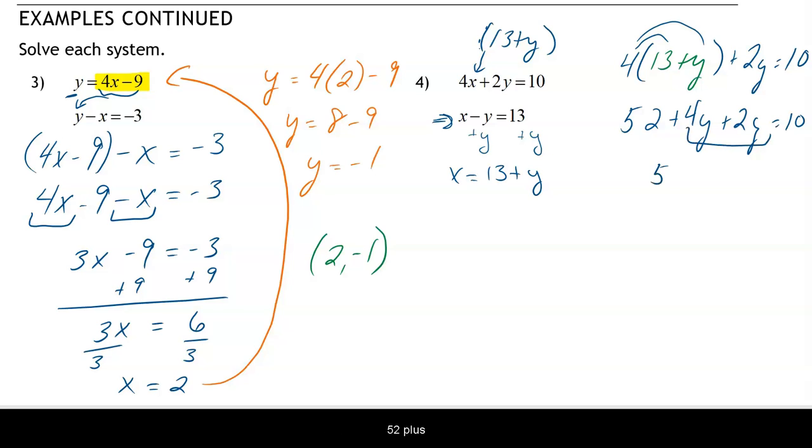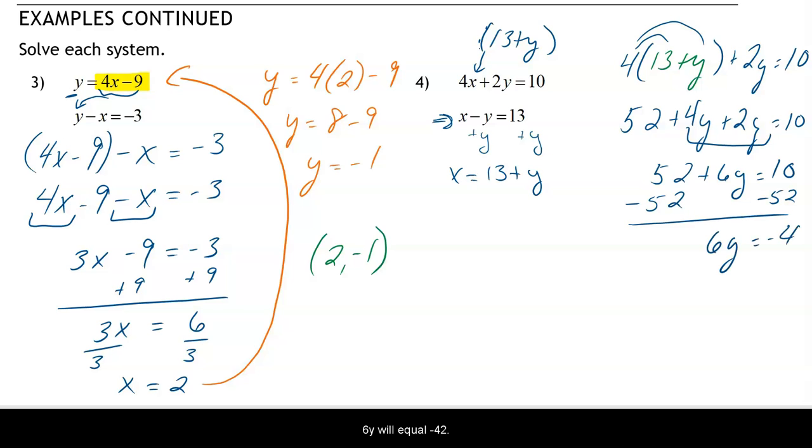So 52 plus 6y equals 10. Subtract 52 on both sides. 6y will equal negative 42. Divide both sides by 6, and y will equal negative 7.